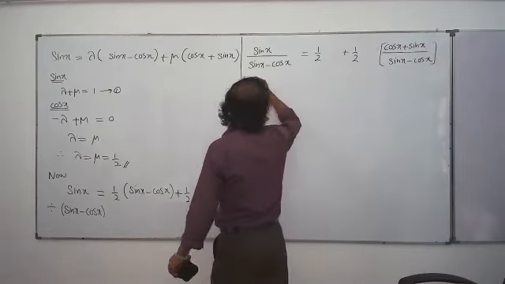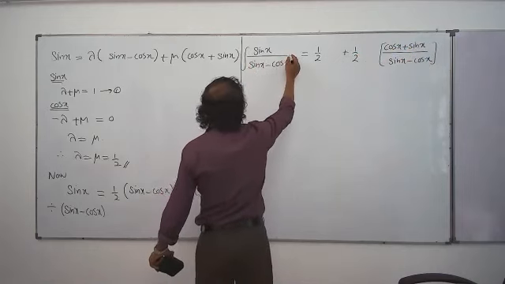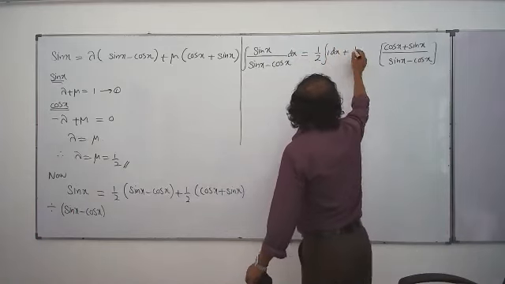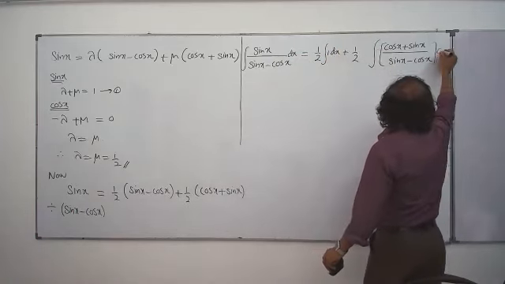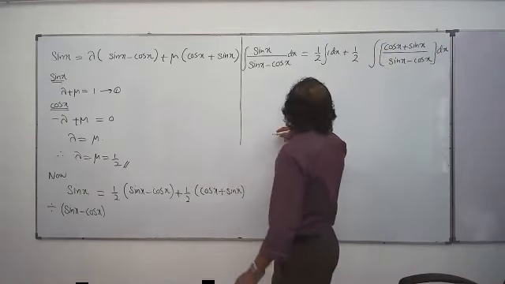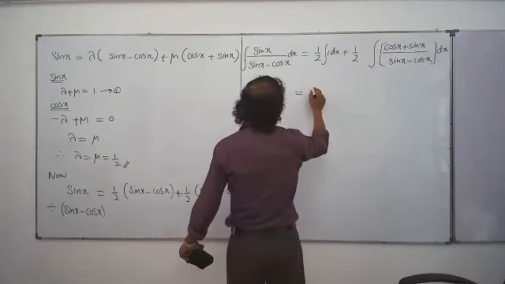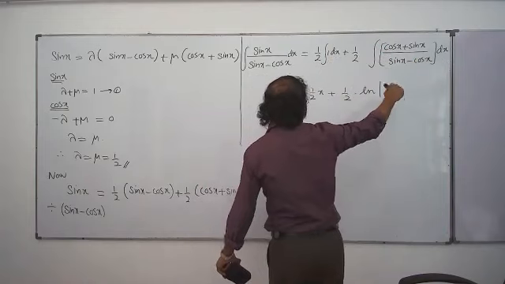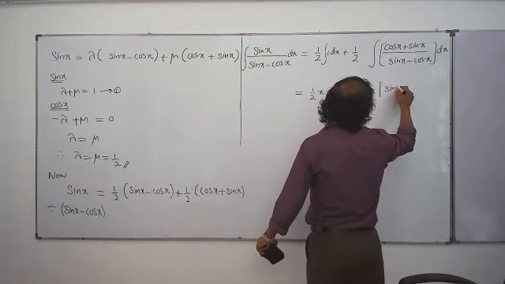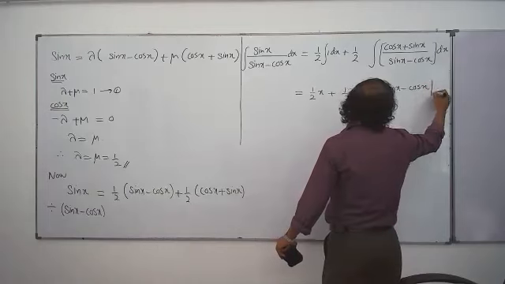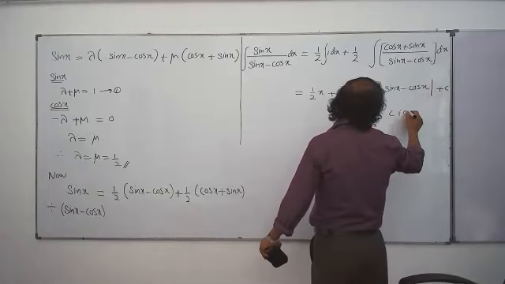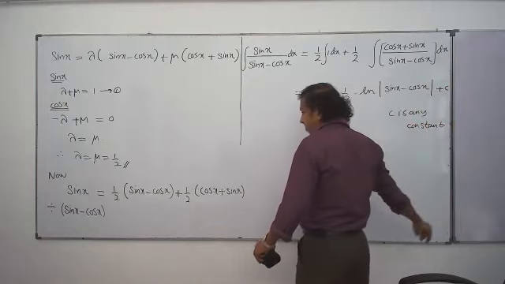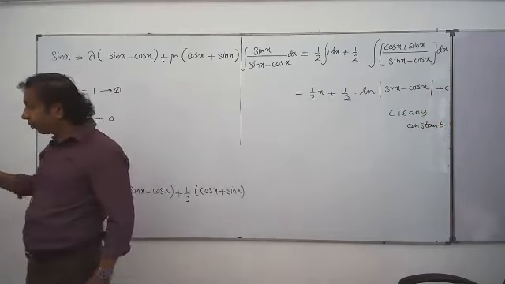Now we integrate these, people. Right, and here we integrate 1, no? And here we integrate this. Then here integral of 1 is x, then half x plus half ln modulus this denominator, sin x minus cos x plus c. C is any constant.